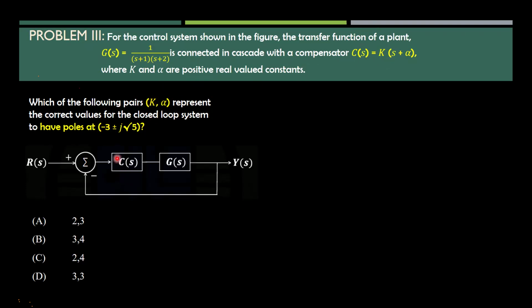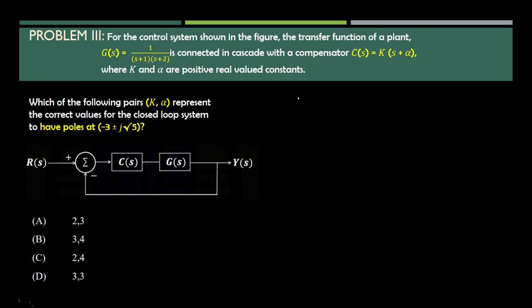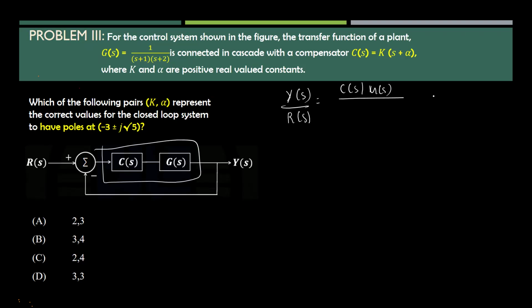Okay. So the compensator block diagram is given. From that we can find the closed loop transfer function. So we will find the closed loop transfer function first. Y of s by R of s equals cascading this, C of s into G of s, the open loop transfer function, by 1 plus C of s into G of s, with H of s equal to 1.